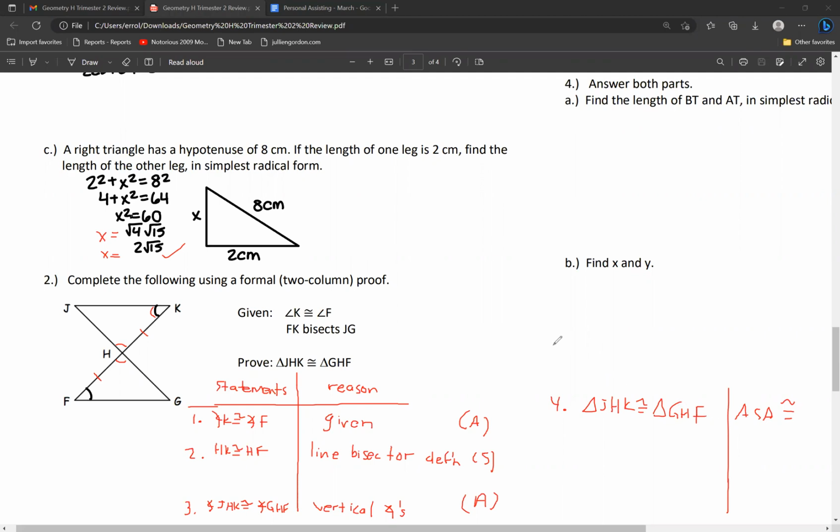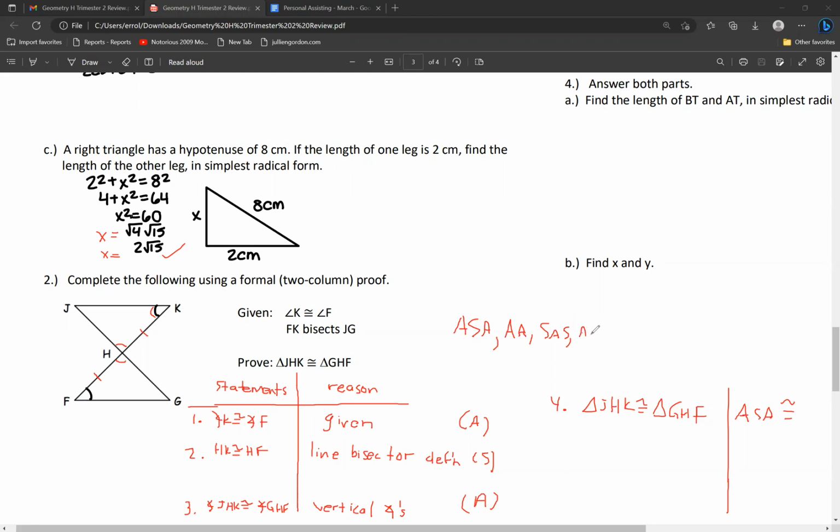So remember the ways to prove congruency. ASA. What else? Side, angle, side. Is there one more? What's the last one? Angle, angle, side.